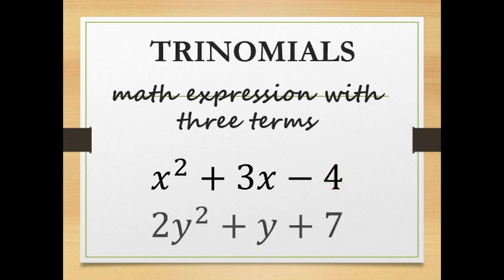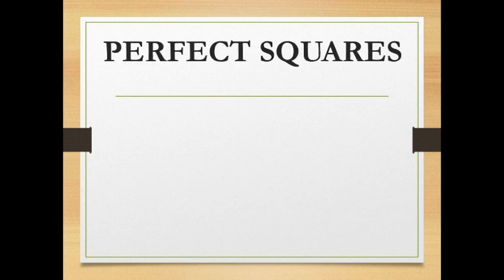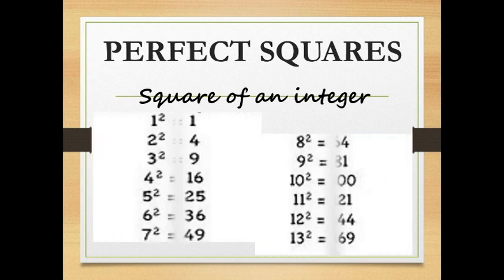Another example is 2y squared plus y plus 7. The terms are 2y squared, y, and 7. Perfect squares. Ang perfect square ay square lang ng isang number or ng integer.